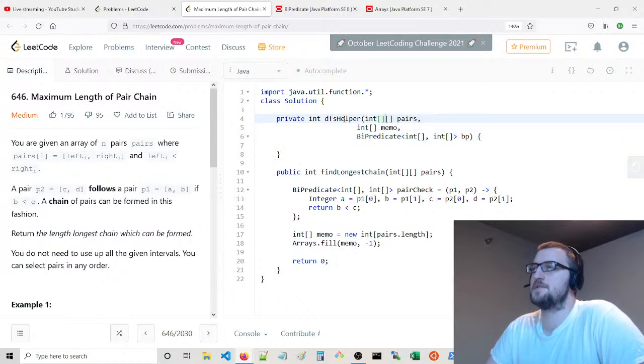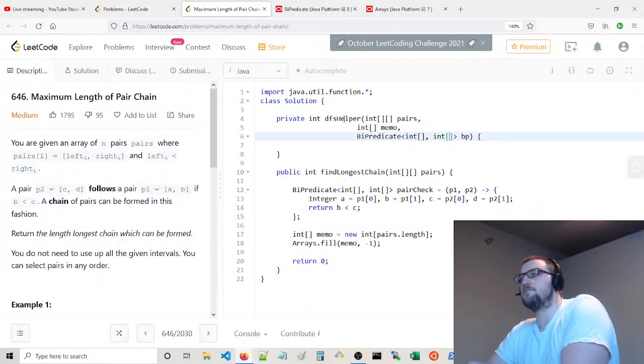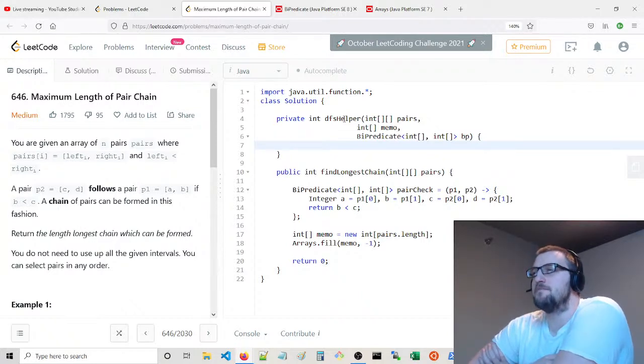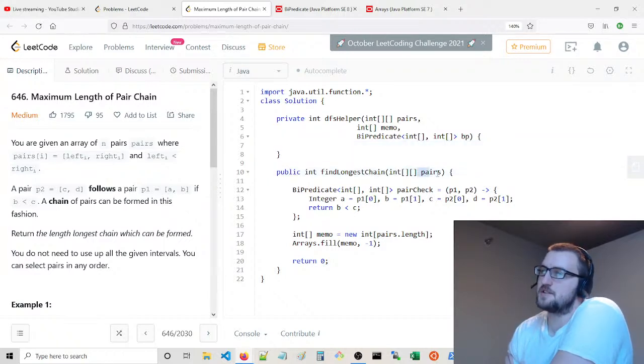We have a reference to our pairs, our memo, memoization, basically our hash function. Oh, you know what we don't have? Oh, that's awkward. Well, we can actually use the index of the pair as the entry to the memoization map.